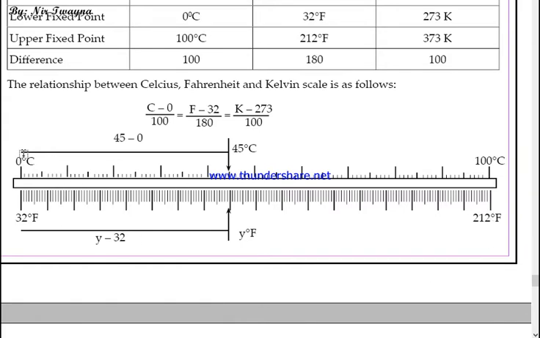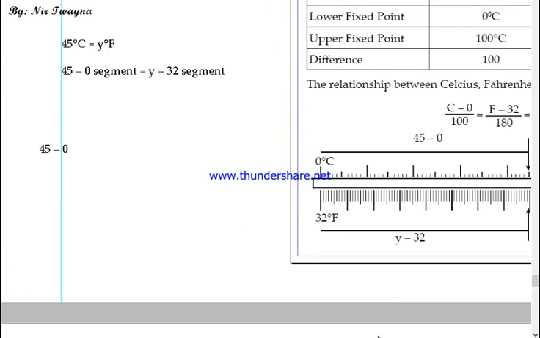That means in the Celsius scale we have 100 segments, in the Fahrenheit scale we have 180 segments. So if you use the unitary method, you divide 45 minus 0, this segment, by 100.